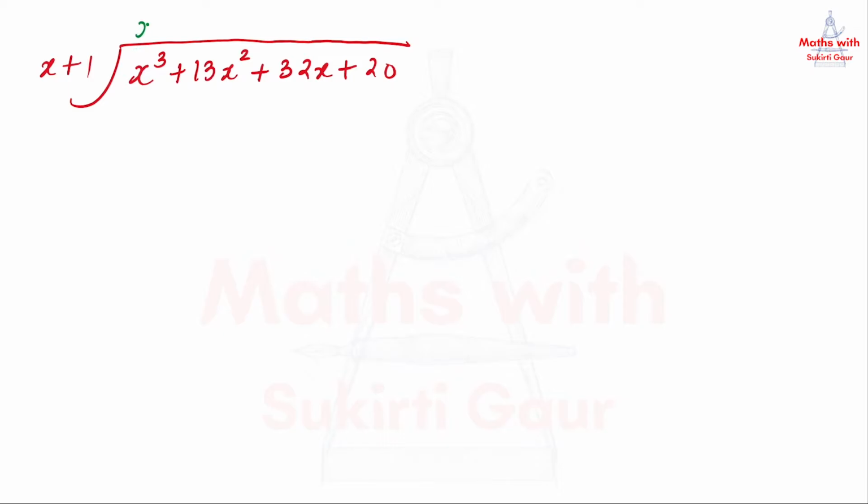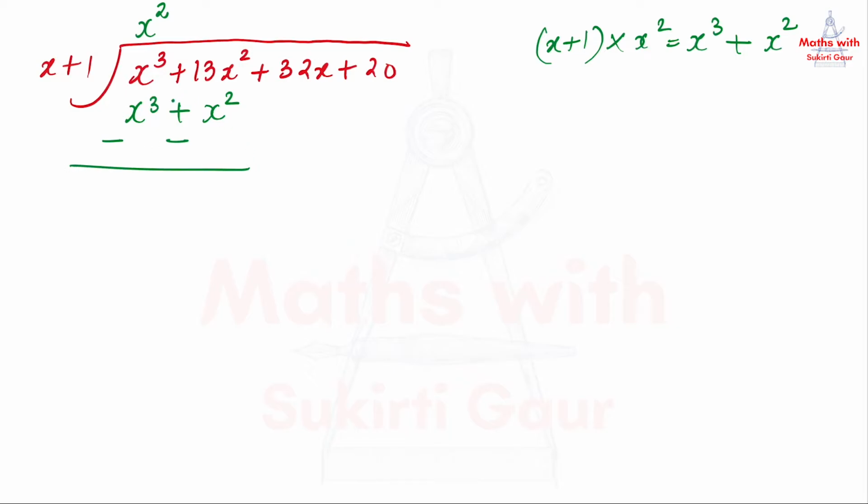Now we want x cube at first. So we are going to select x square such that x plus 1 into x square is going to give us x cube, and along with that we are going to get x square. So here we are getting x cube plus x square. Now the sign changes. Now this gets cancelled out, and here we get plus 12x square. The other term plus 32x is going to get down here.